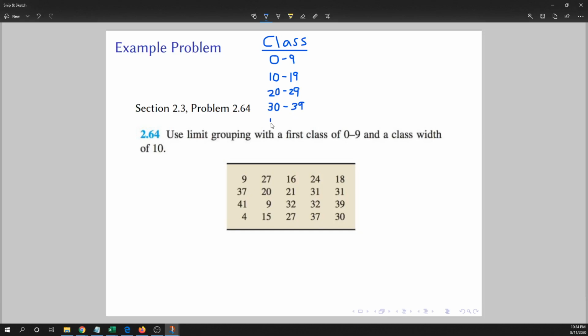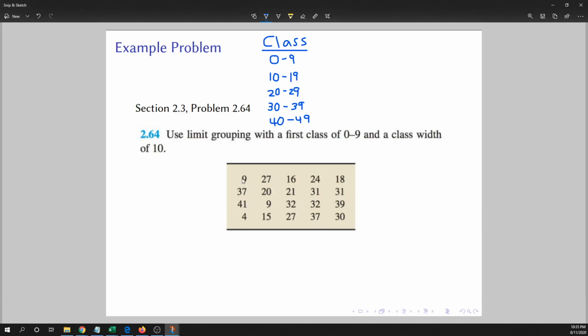And the next number up would be 40. All right, and that looks like it will cover it, right? The biggest number in here looks like it's 41. So that would cover all of the groups, okay?